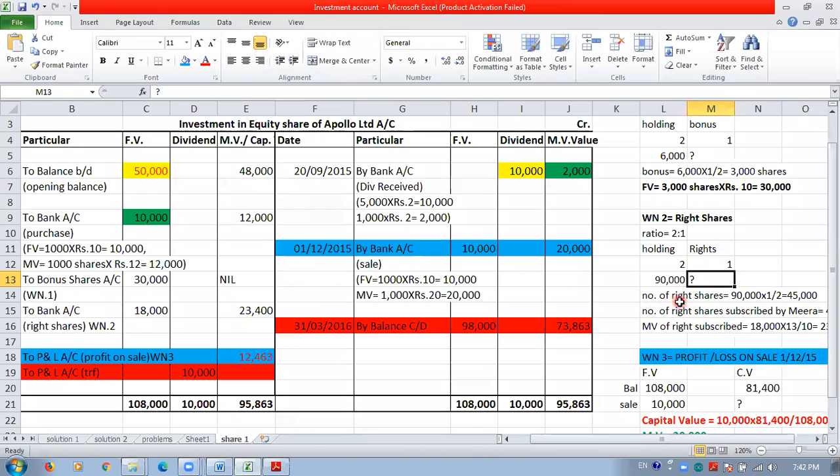So the right share, this is not the number, this is only the face value of right shares right now. So we will keep here only right share offered by the company.